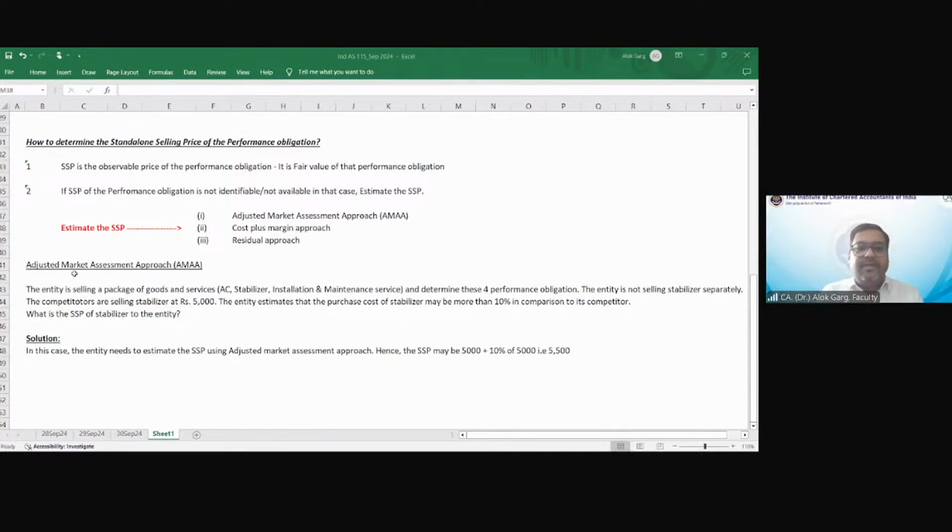Example of the cost plus margin approach.